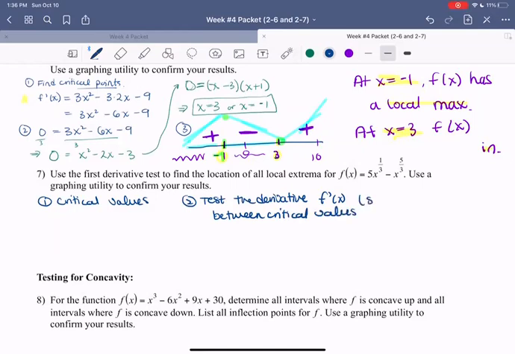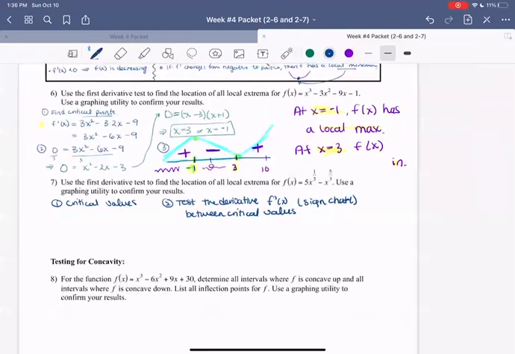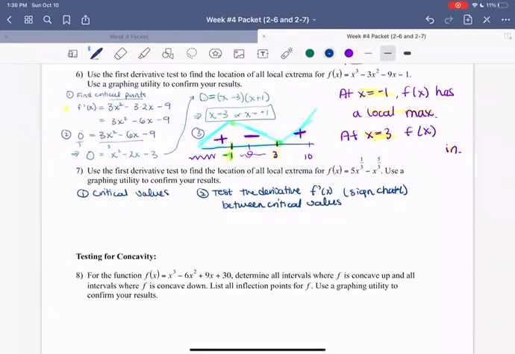And by that, I mean set up a sign chart, which we saw in the previous video. And then step number 3 is then determine the max or mins based on how the function is increasing or decreasing between the critical values. So let's go through these steps.